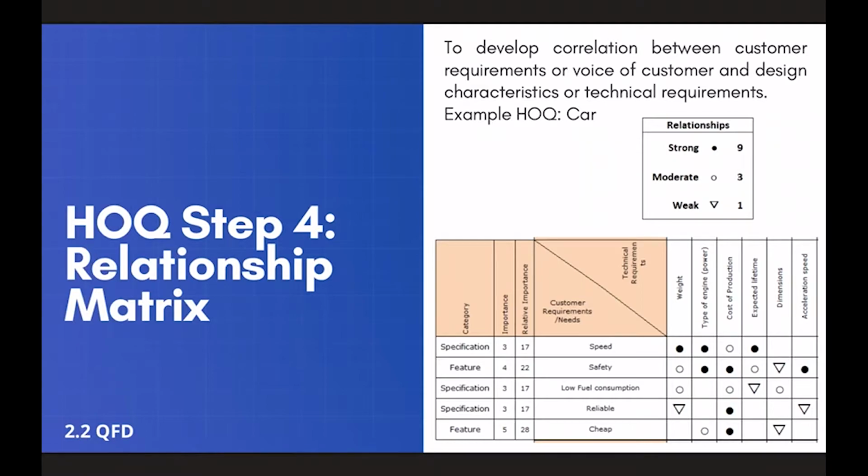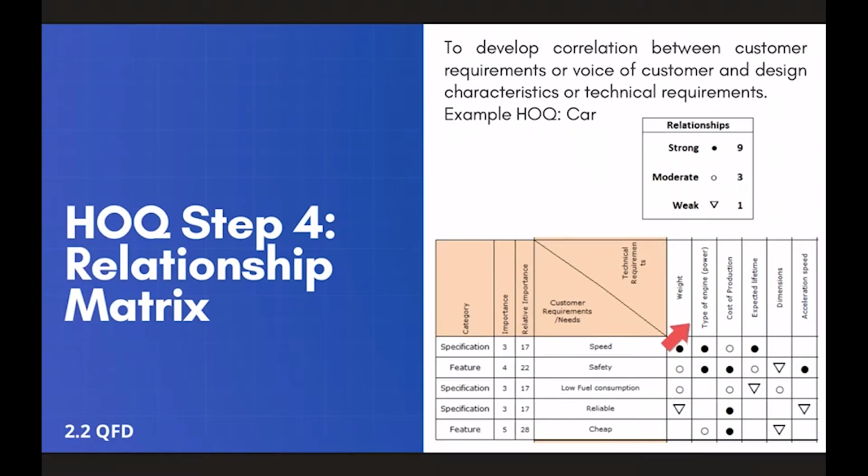So let's say the correlation between weight and speed. If we reduce the weight, the speed can also be increased. So here means that the relationship is strong, so it gives 9 here.